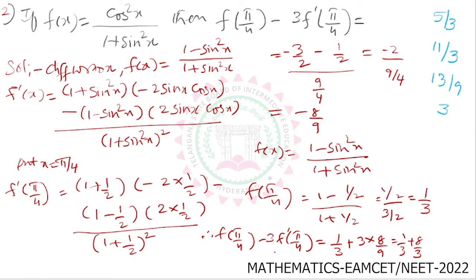Minus 3 times of, the question is minus 3 times of f dash of pi by 4. So f dash of pi by 4 is nothing but minus 8 by 9. So minus into minus plus, 3 and 3 cancel.